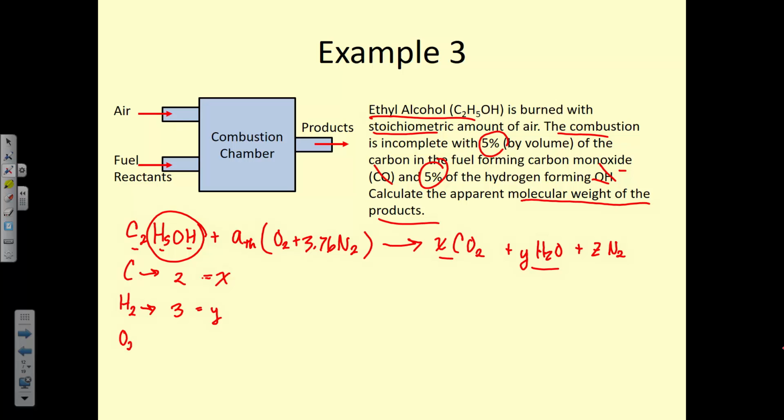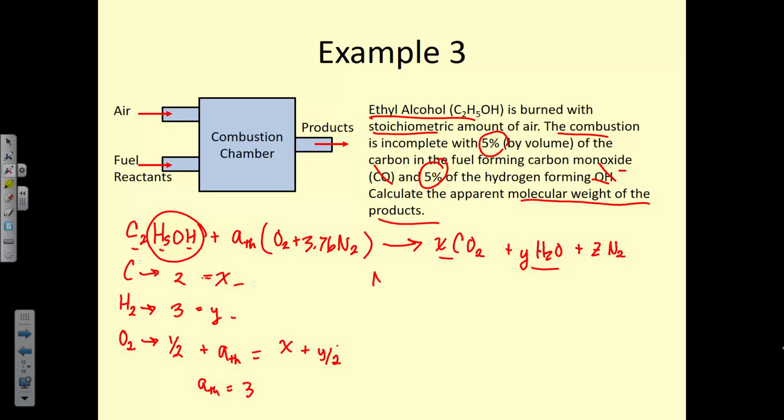And we look at our O2, and we see that on this side of the equation we have 1/2 plus our A theoretical times 1 is equal to X plus Y over 2. So we sub in X and Y, solve for A theoretical, and we get that A theoretical is equal to 3.